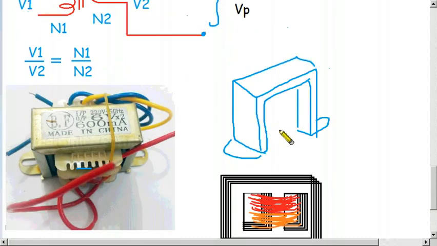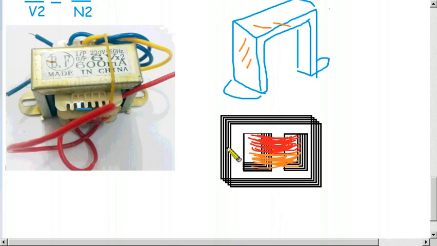After that they fix a casing like this around this block of sheets, and cover it and fix it so that they don't move. There are two holes to fix to an external casing. So this is the transformer.